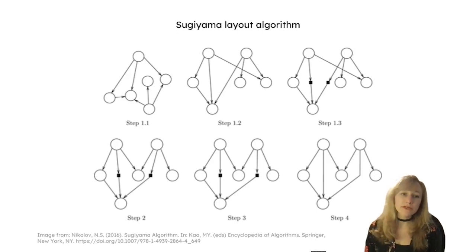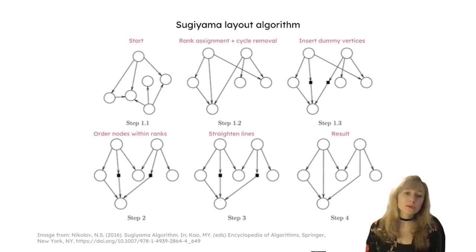Among all the layout algorithms, Sugiyama is perhaps one of the most famous ones. It works in steps. It starts from an input, then there's rank assignment and cycle removal. Then the insertion of dummy vertices, the sorting of nodes within ranks, the straightening of the lines, and finally the result.